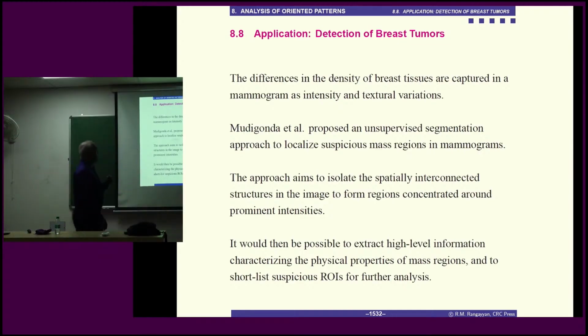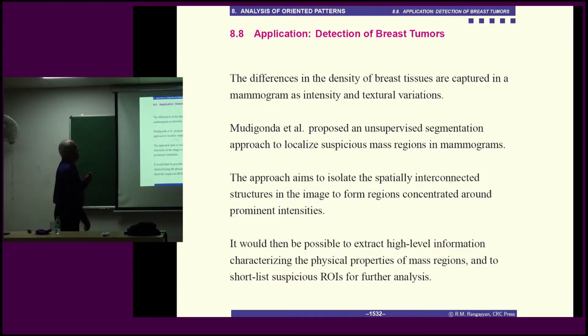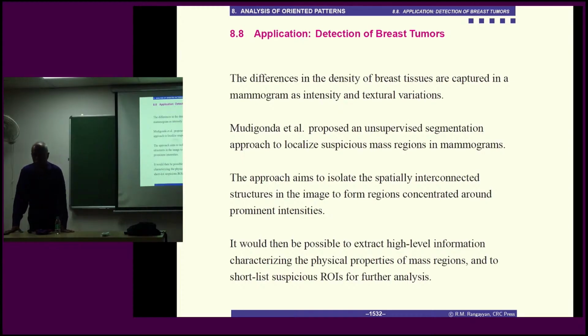Detection of breast tumors. This was the PhD project of Narasimhadhan. At that time, this was 98 or 99. At that time, detection of masses in mammograms was a big research topic with many, many researchers around the world working on that.